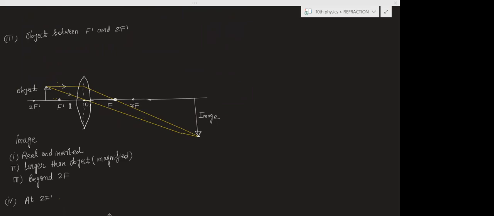This is the case when the object is in between f' and 2f'.